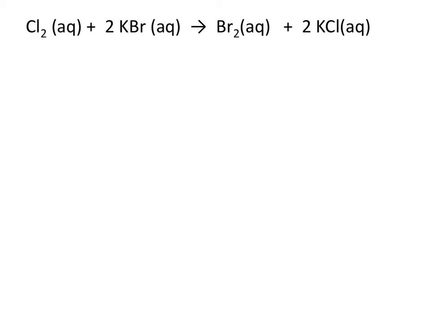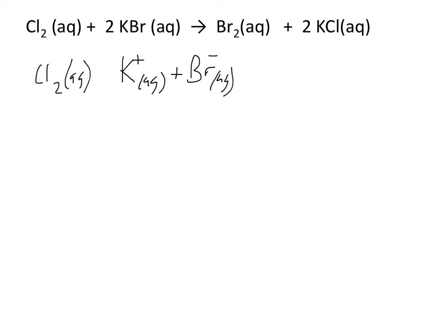So it's actually okay chemically to say, well, actually in this reaction the potassium ion and the bromide ion in potassium bromide are actually separate. We would keep chlorine together because it's not an ionic substance, but the potassium bromide is ionic. Now I'm ignoring that big 2 at the front for the time being.